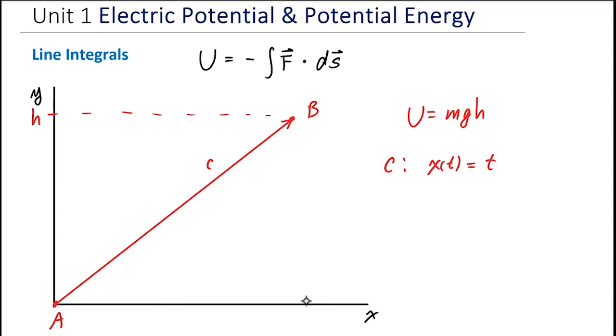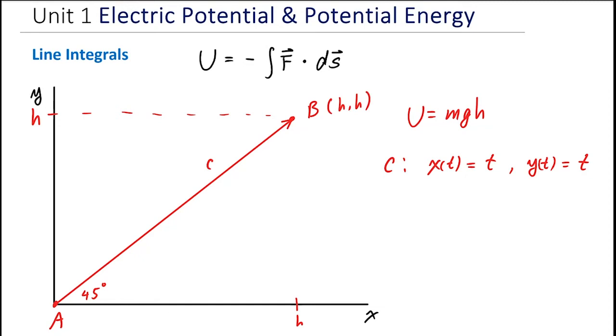Let's say this is h as well. So 45 degrees, just a diagonal path, and then y is equal to t. If we do it like that, then h seconds later we will arrive at this point, h. So the coordinate here is h comma h. That makes sense to you?